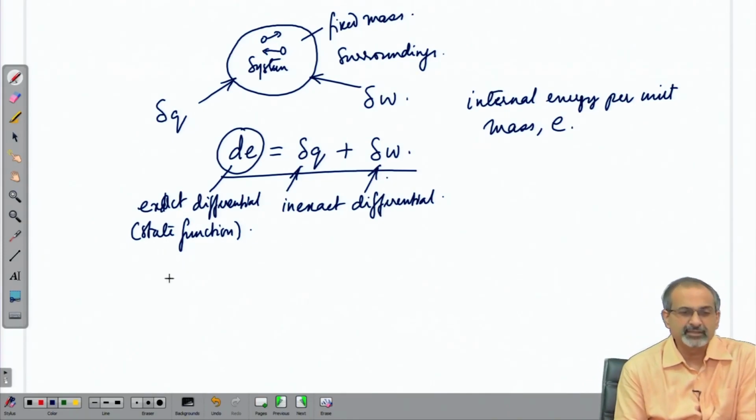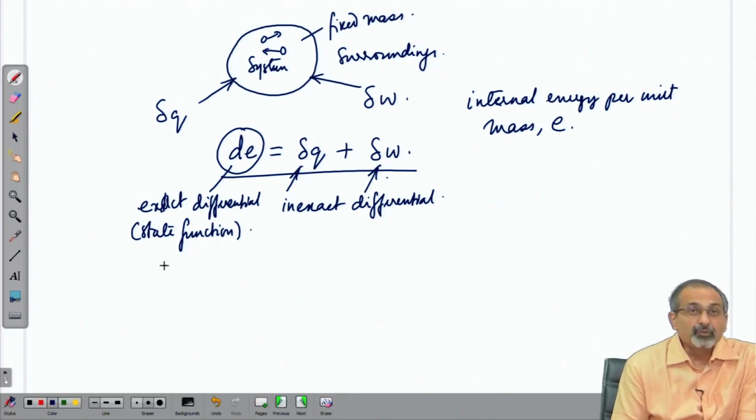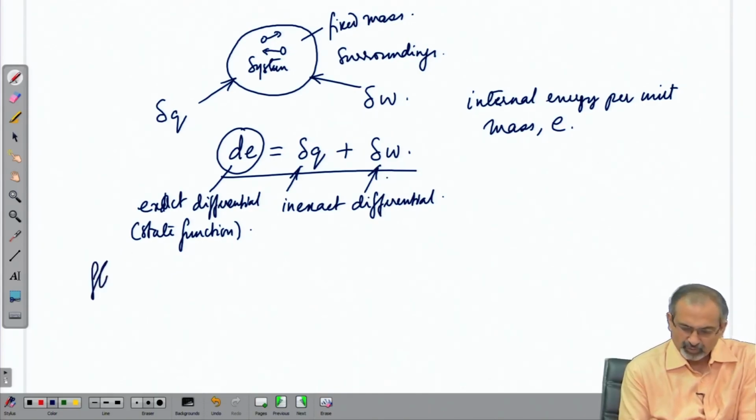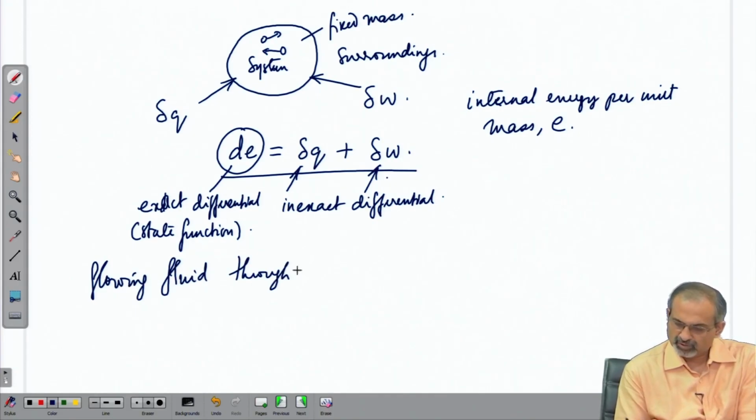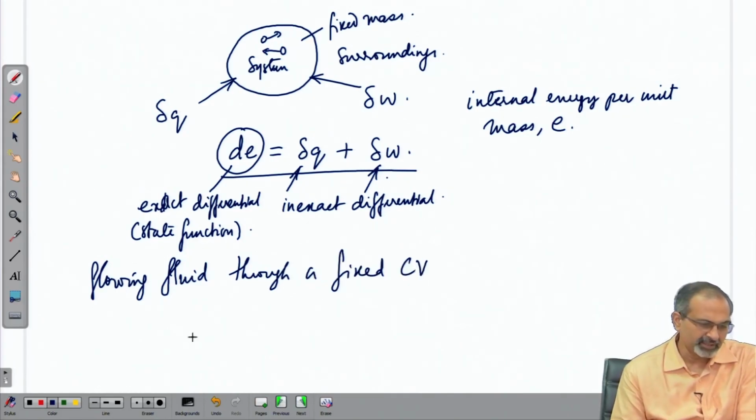Now, keeping all these things in mind, when we apply this first law that we are defining for a system to the flowing fluid through a fixed control volume, then what is the implication?